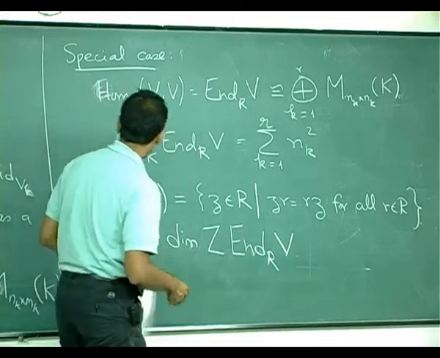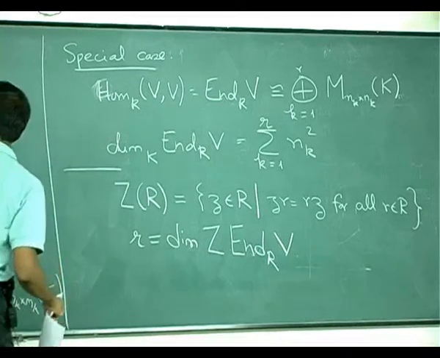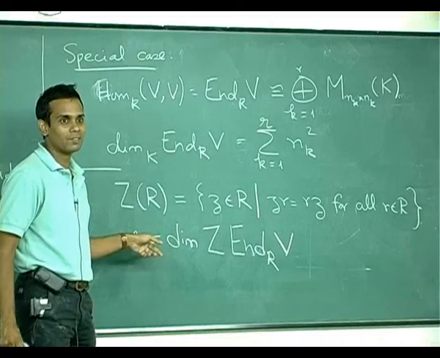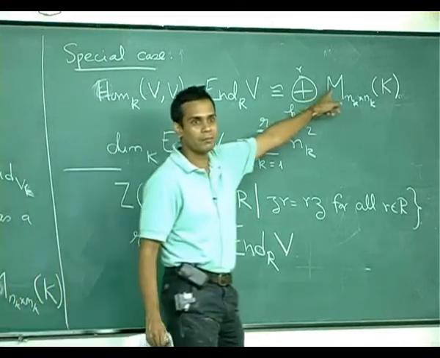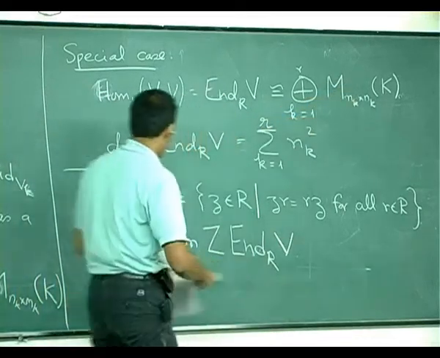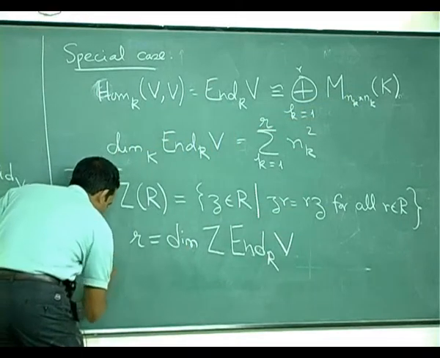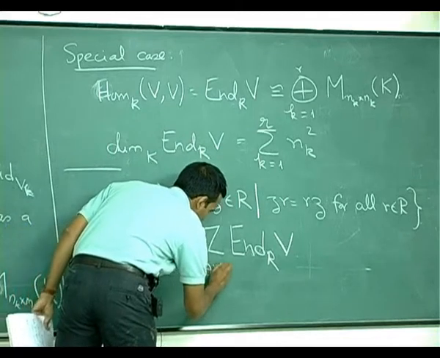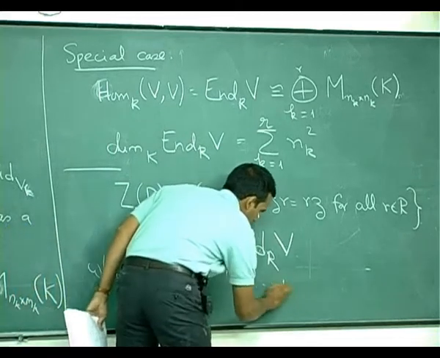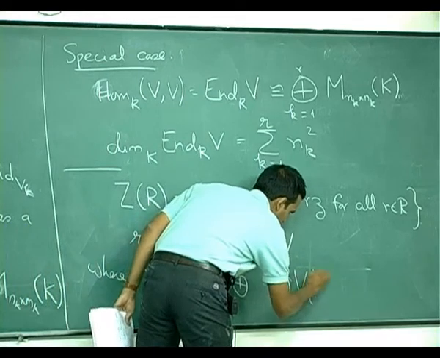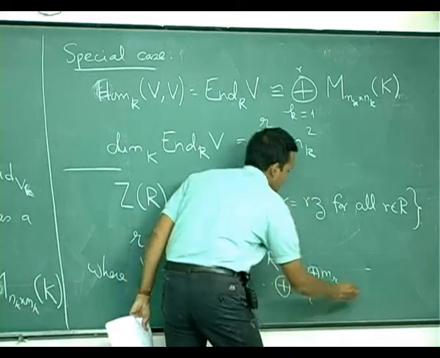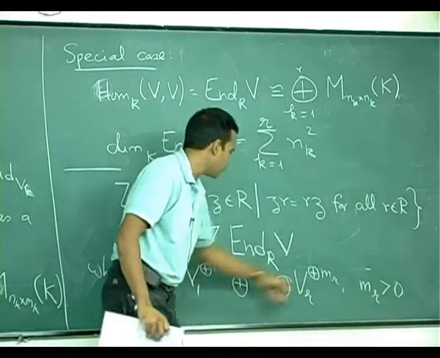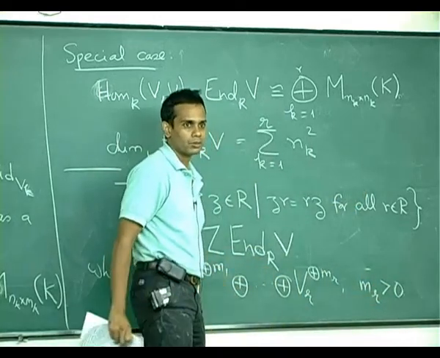Here we should be careful because I said that the m_i's can be greater than or equal to 0. But if any of the m_i's is 0, it will not contribute a matrix ring to this. So V is equal to the sum of the V_i^{m_i}, with the m_i strictly greater than 0, and these being pairwise non-isomorphic simple R modules.